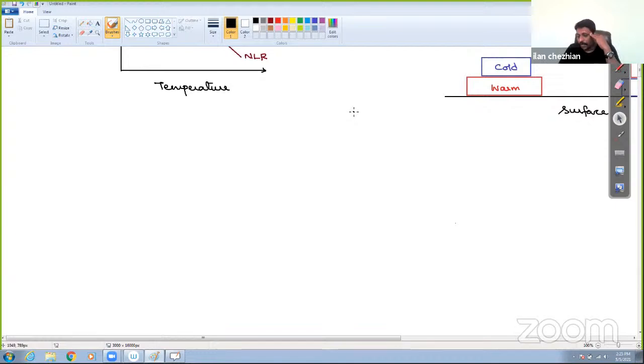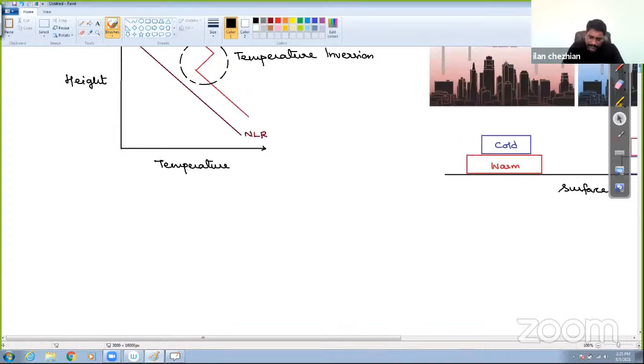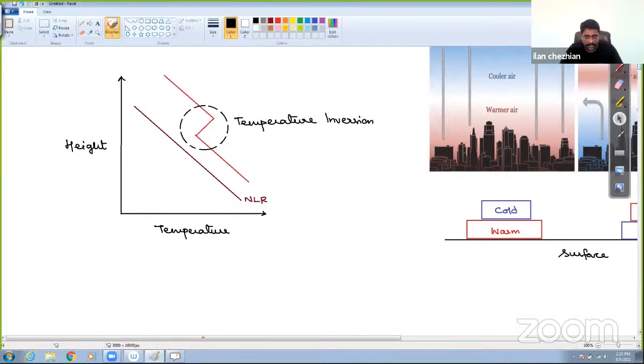However, under certain circumstances, the temperature may also increase with increasing height.